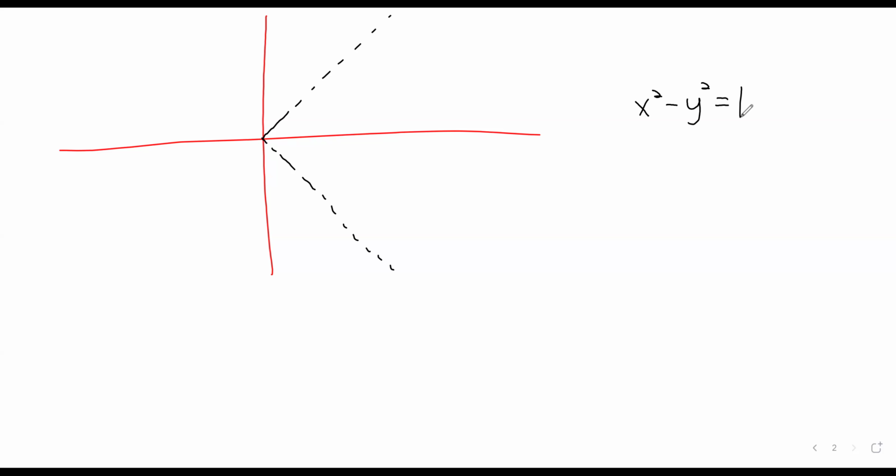And this hyperbola has a piece over here, but only the piece on the right is relevant. There are slant asymptotes. And the hyperbola looks something like that.